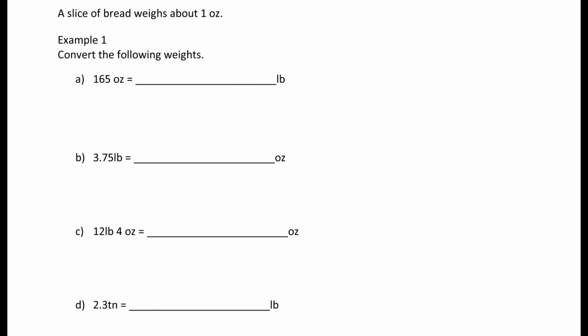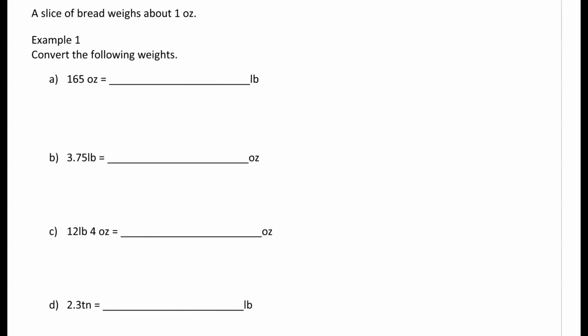Now, to start us off, we're going to be looking at 165 ounces, and we want to convert this into pounds. The first thing you'd look for is the conversion between ounces and pounds. If you look at your formula sheet or your conversion sheet, you're going to find that 1 pound equals 16 ounces.